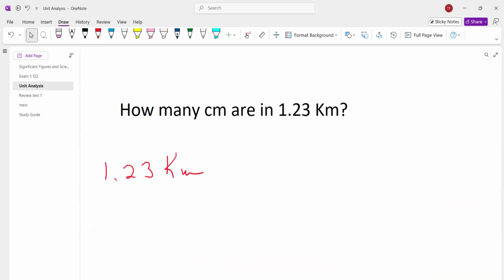Remember, always cancel the given. So our first conversion factor has got to have kilometers on the bottom. Otherwise, it won't cancel. And how many meters are in a kilometer?